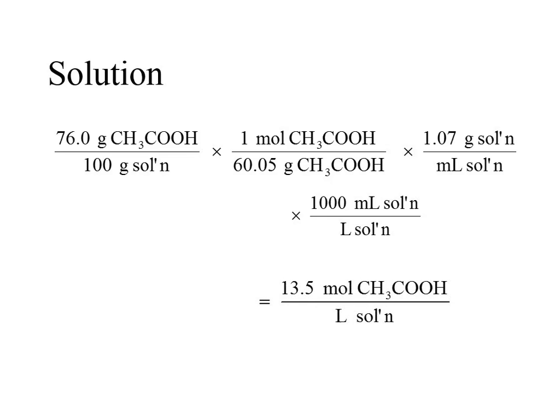So we get 13.5 moles of acetic acid per liter of solution, more affectionately written just with a capital M. So 13.5 molar acetic acid. And that's it.